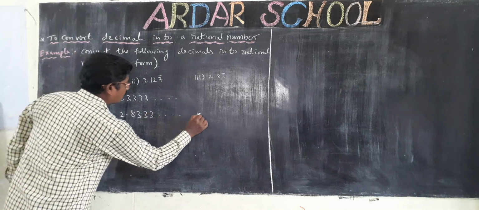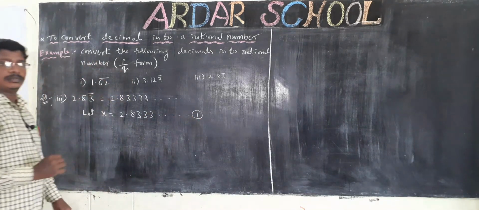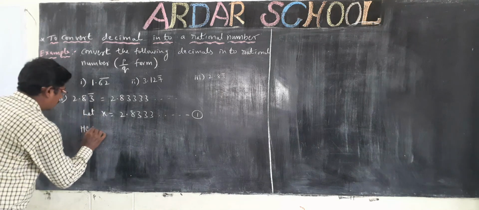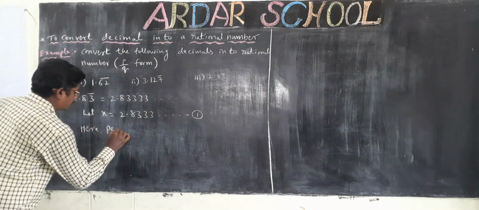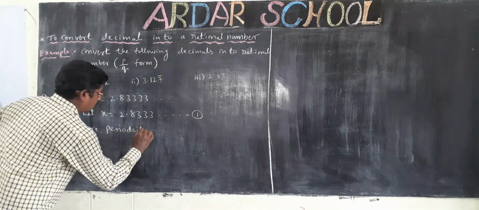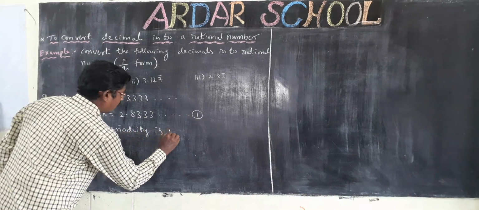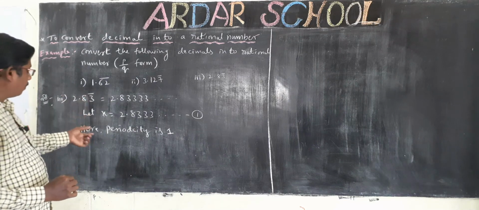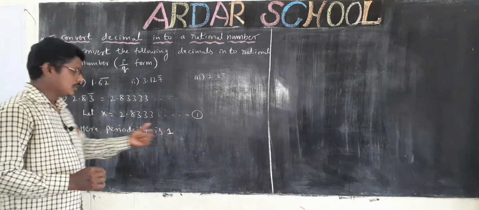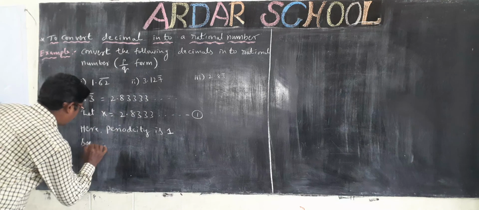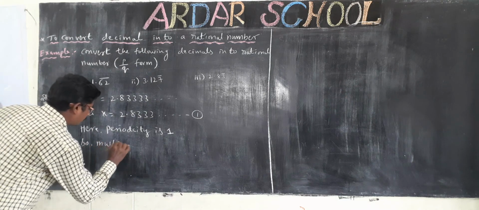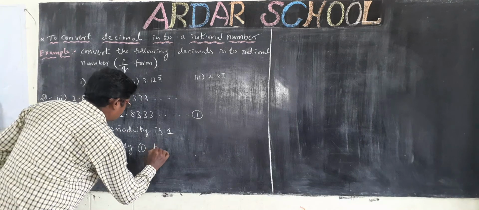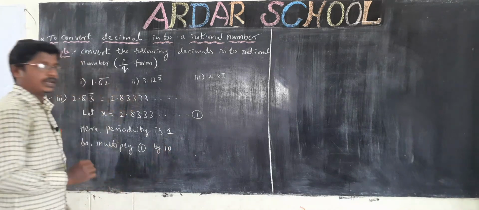Let x be equal to 2.8333 and so on. This is equation 1. Now we have to find out the periodicity. Here the periodicity is 1. One decimal digit is recurring, that's why the periodicity is 1. So multiply equation 1 by 10 only.